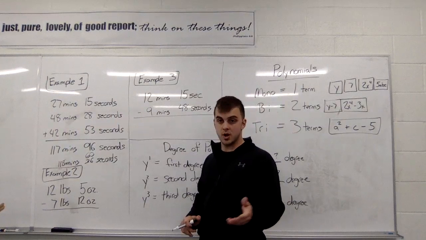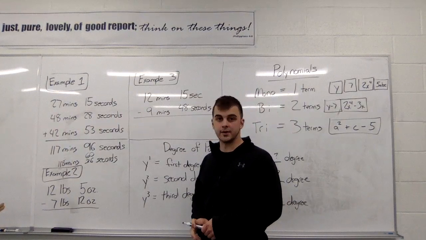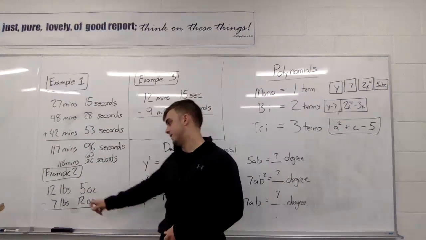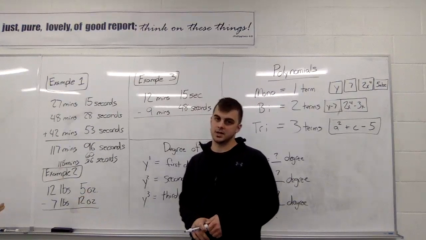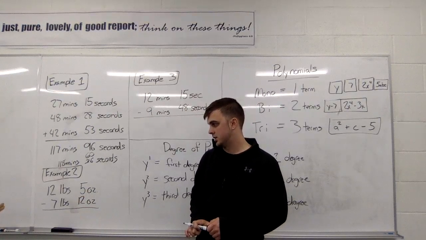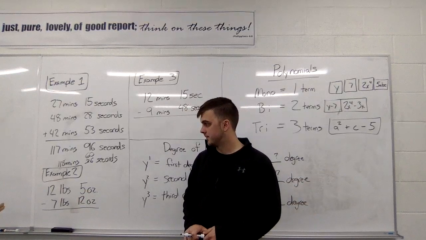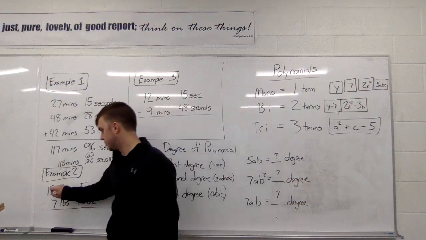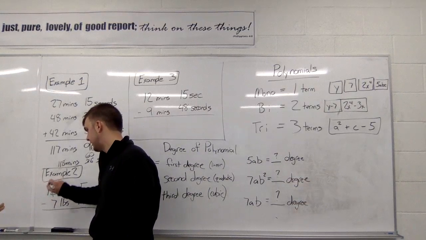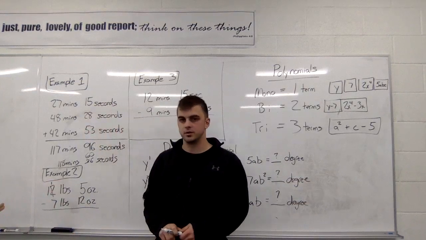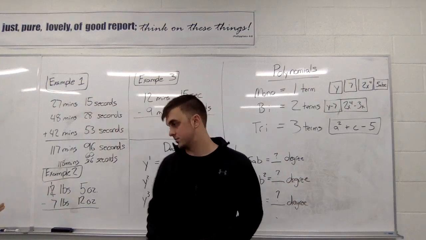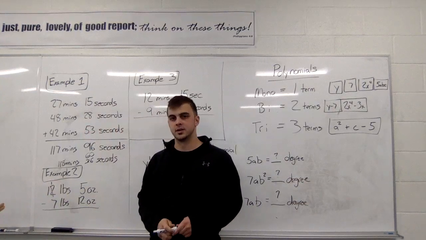Well, you subtract there. You run into a problem immediately because 5 minus 12 does not work. So you have to pull over from the 12. So you change the 12 to an 11. And do you just change 5 to 6, just add 1?